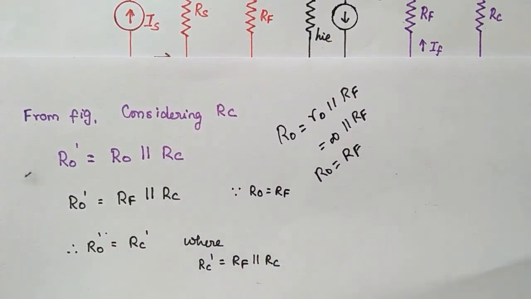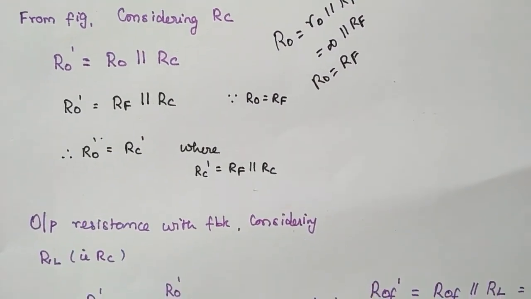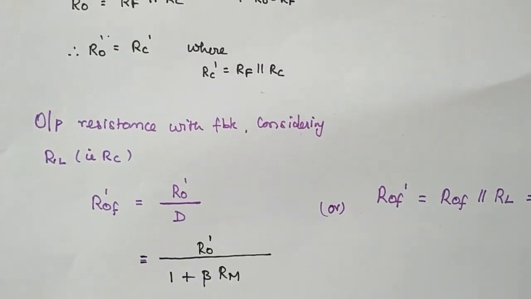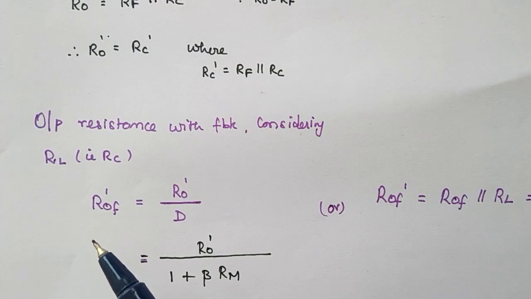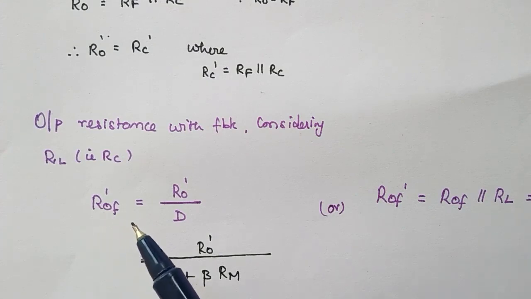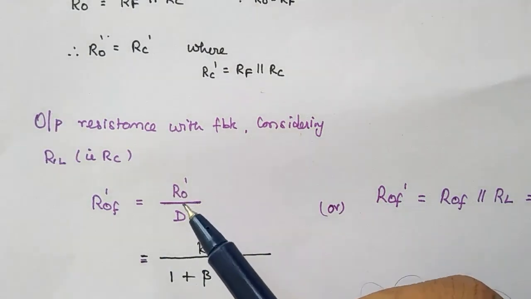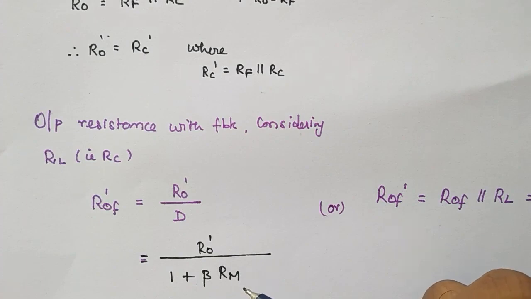So finally we have to find the output resistance with feedback considering the load resistance RL. This expression is already obtained in the effect of input and output resistance of voltage shunt feedback amplifier. Please refer to that area. ROF dash is equal to RO dash by D. So RO dash by D is expanded as 1 plus beta into Rm.